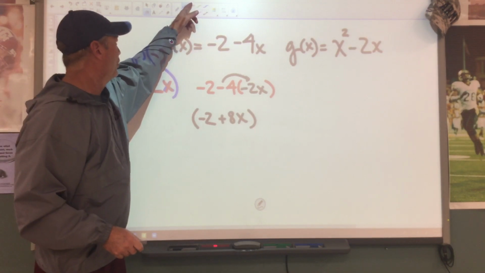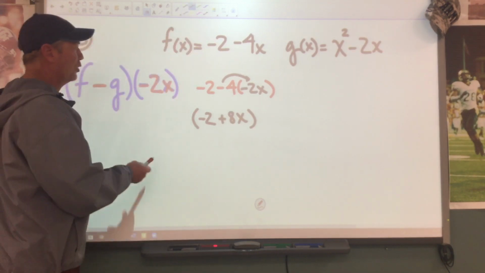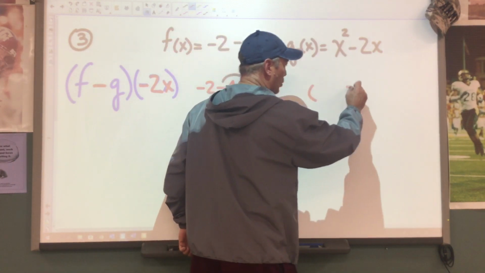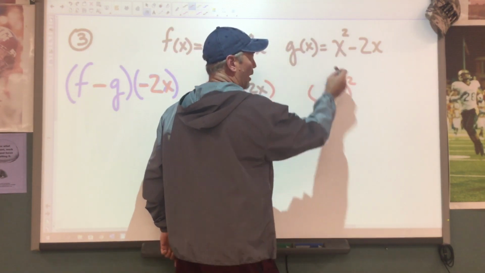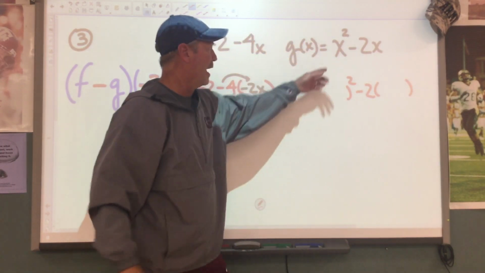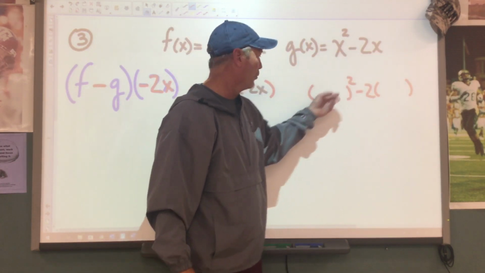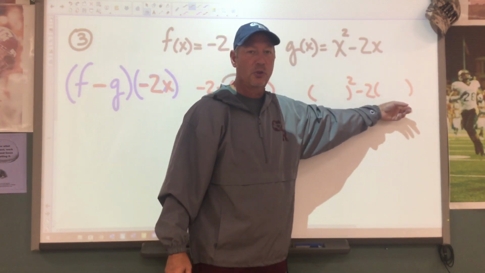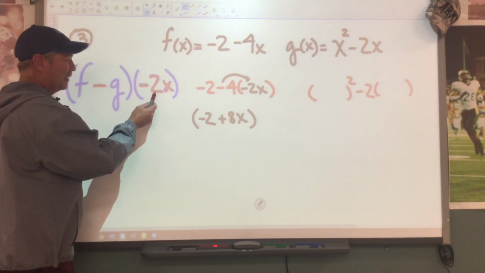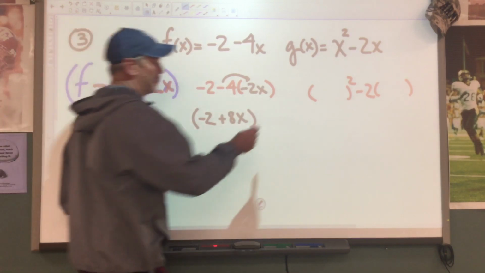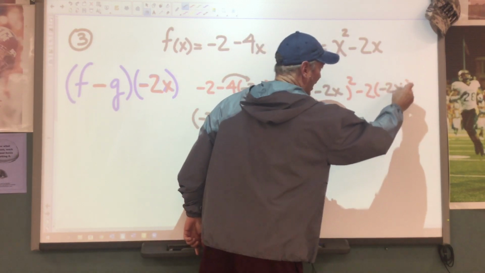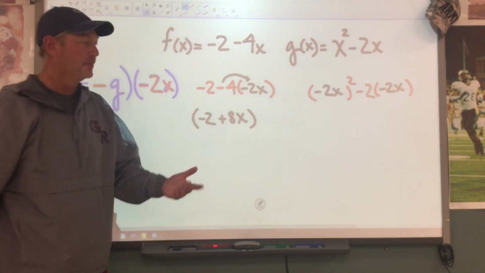Now we have to go to our g problem. Our g problem says someone squared minus 2 times someone. Anytime that I have to plug in for a variable, I'm going to use parentheses so I can substitute. They're going to ask me to substitute in -2x. I have to put it both places.